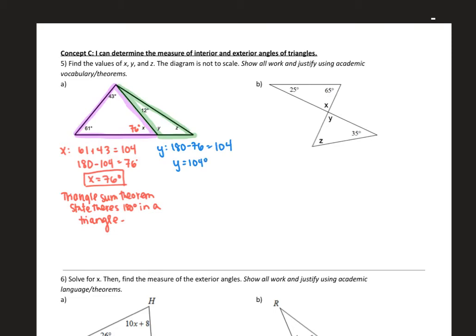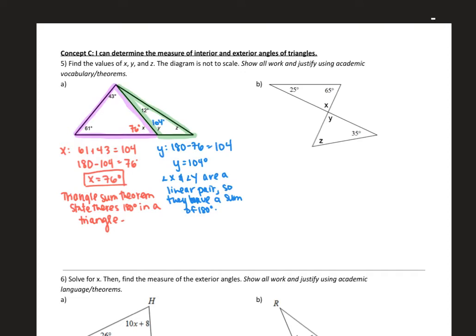And my explanation for this one is we're going to say angle x and angle y are a linear pair, so they have a sum of 180 degrees.